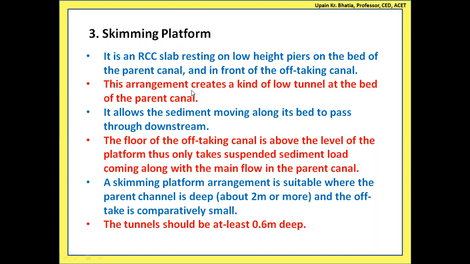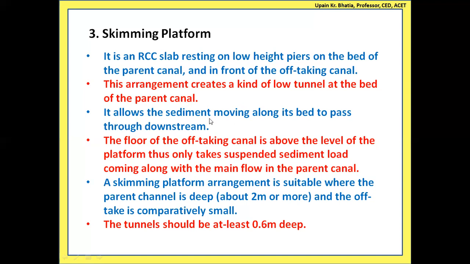So this arrangement creates a kind of low tunnels at the bed of the parent canal. If you just recall the silt excluder, there also an RCC slab was there. It was resting on low height piers, and very thin diaphragm walls were there. So a similar kind of structure is provided here also, and this arrangement creates a kind of low tunnel at the bed of the parent canal.